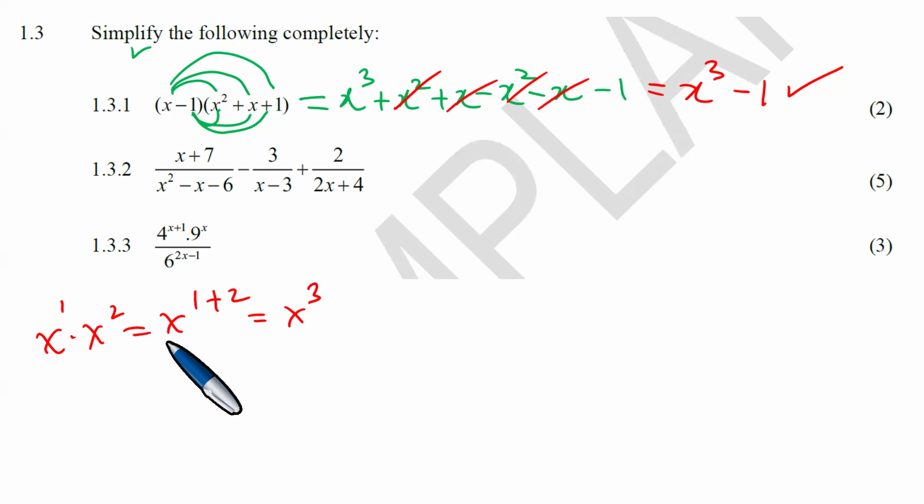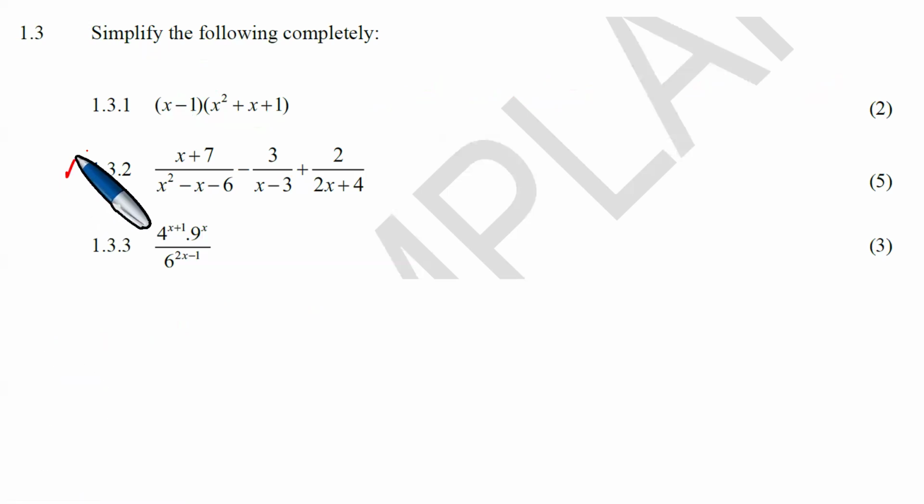Okay, next, let's look at 1.3.2. This is part of the kind of stuff you expect to meet in the exam. What do we do with this? This one is long, but the secret to doing this one is dealing with the denominator.